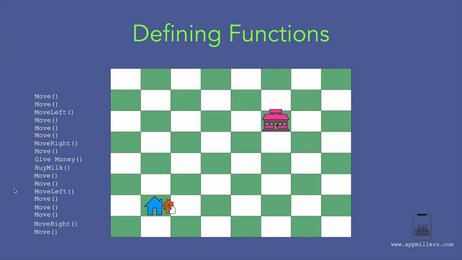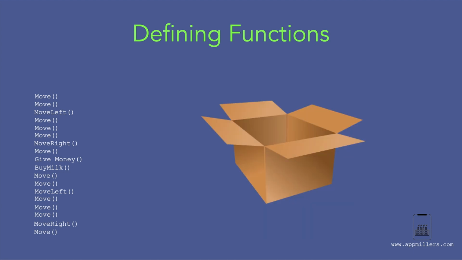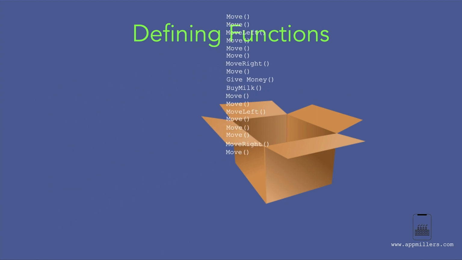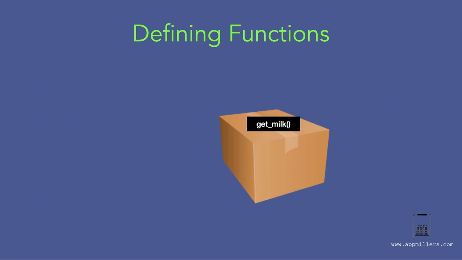That's where functions come in. Functions give us a way of referring to all these instructions at the same time. We can put all these instructions inside a kind of box and name it get milk. This way, we can give our robot a single instruction and it will carry out all those lines for getting some milk from the store.